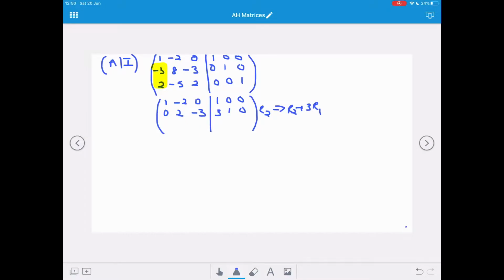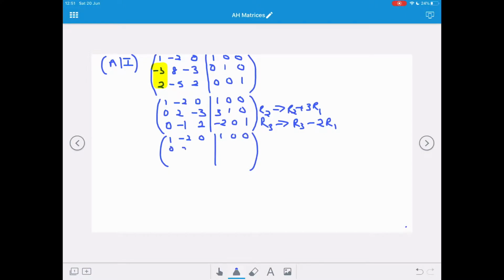Then we're going to eliminate the 2 in A31, and so row 3 is going to become row 3 minus 2 row 1. So row 3 is going to become 0, negative 1, 2, negative 2, 0, 1. Now we're going to leave our first row, 1, negative 2, 0, and 1, 0, 0 on the right hand side.